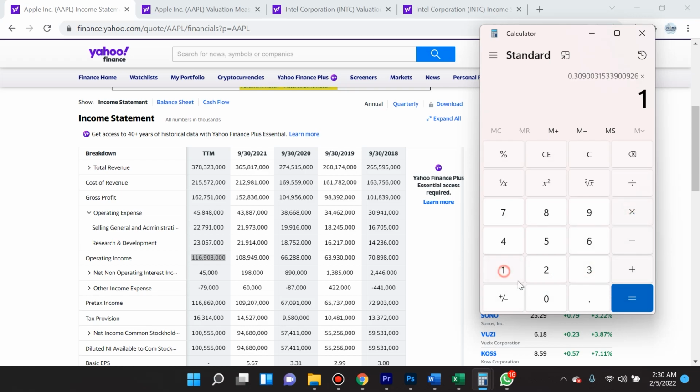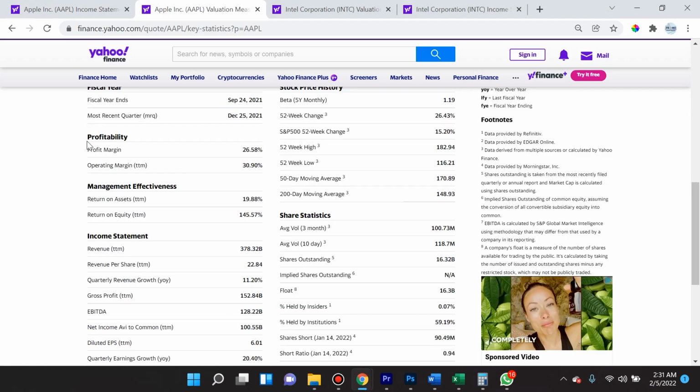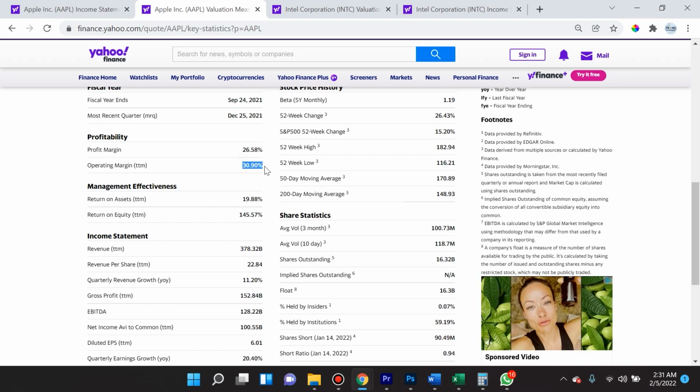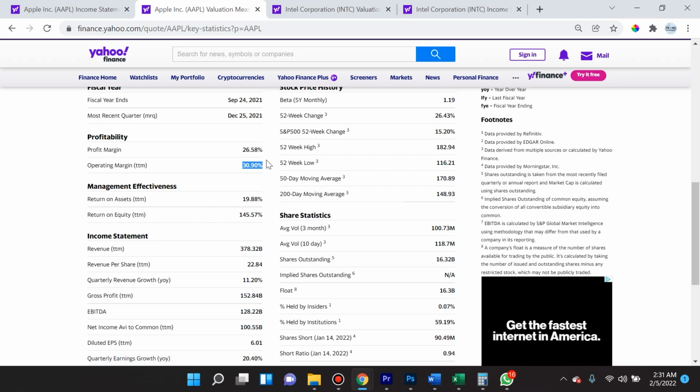Let's multiply it by 100 so that we get a percentage, 30.90%. Under profitability right here, you can see operating margin, TTM, which is trailing 12 months, 30.90%. And this is how you can calculate operating margin whenever you damn well please.